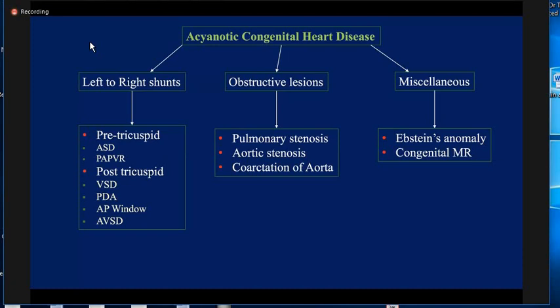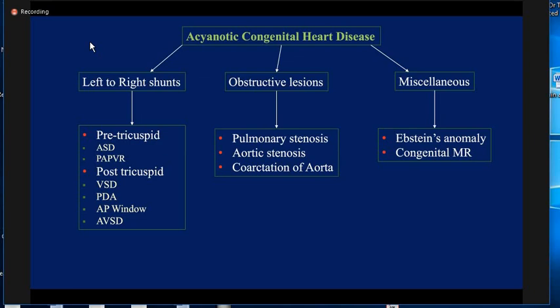Examples: atrial septal defect, which can be a primum ASD, fossa ovalis defect, sinus venosus ASD, or common atrium. A typical example of a pretricuspid shunt above the atrium is PAPVR, or any other communication in the atria, like a coronary AV fistula.